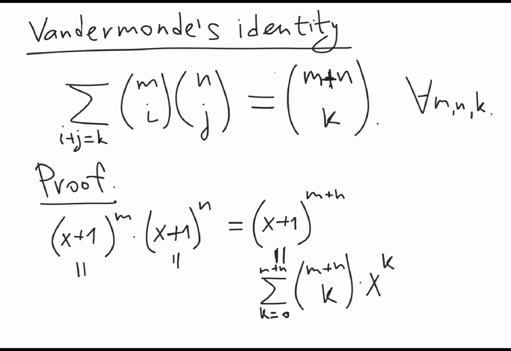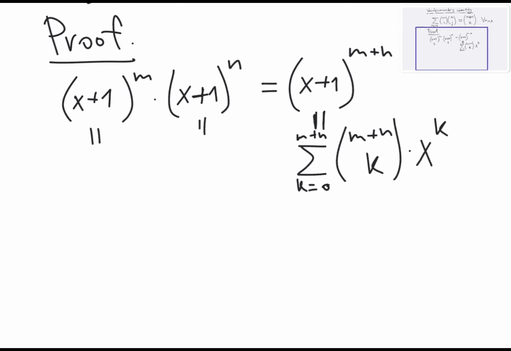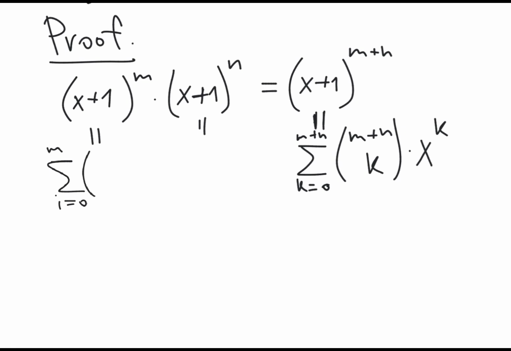So now on the left hand side, we write both of these expressions. So this would be the sum for i from 0 to m, binomial coefficient m choose i, x to the power i multiplied by 1 to the power m minus i, right? But again, 1 to the power anything is still 1, so we can just forget about this.